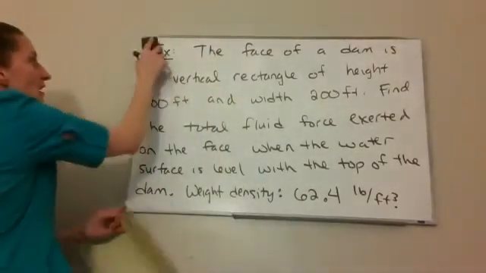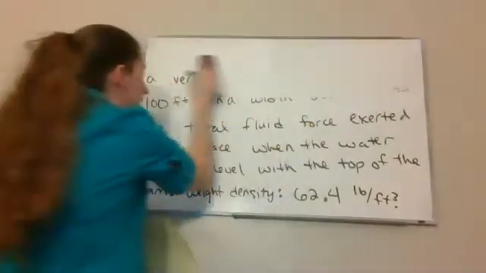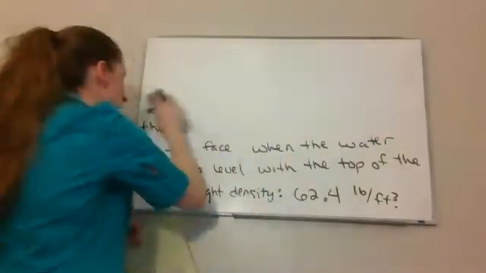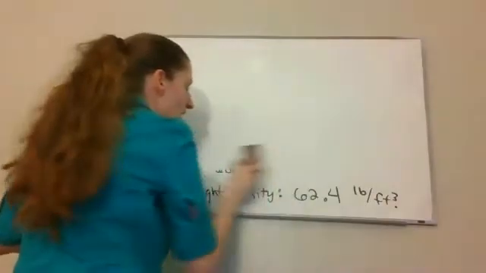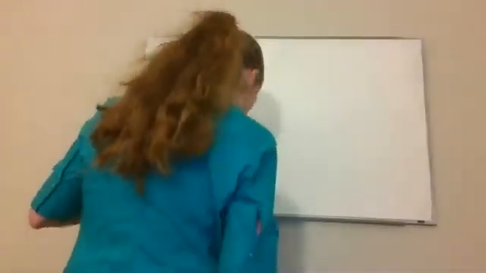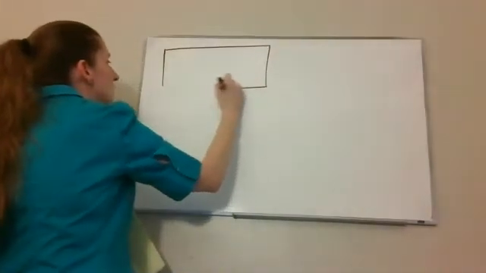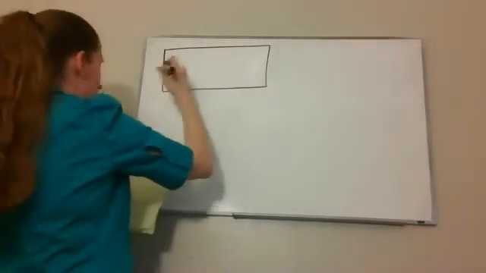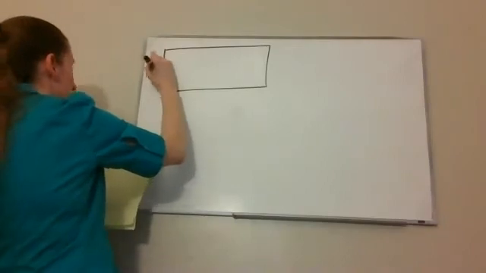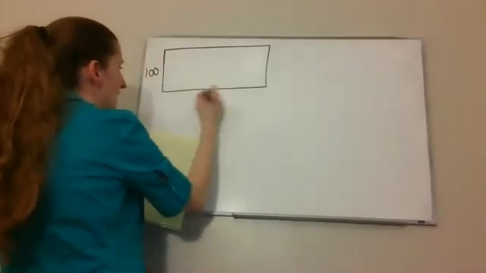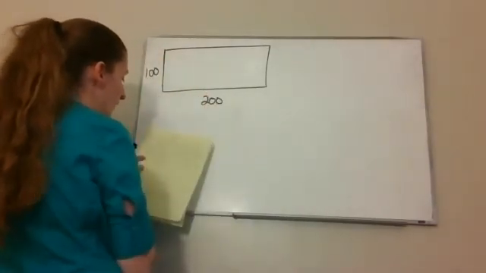So let's go ahead and draw a picture of the face of this dam using all of the information that was given to us. So we have a rectangle, and we were told that it was 100 feet in height and 200 feet in width.